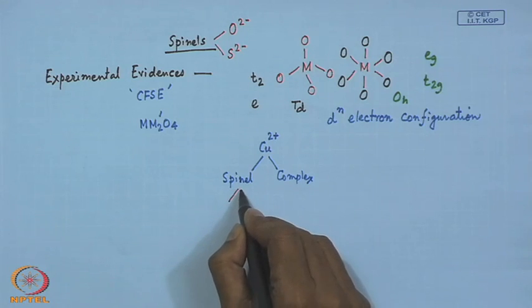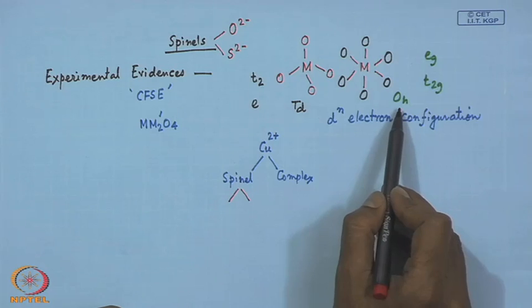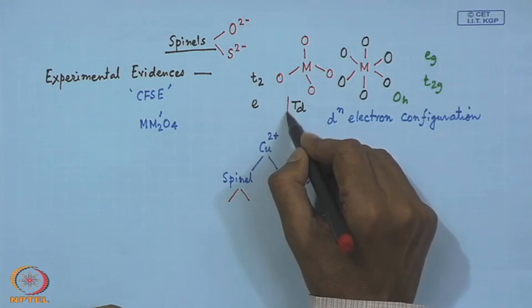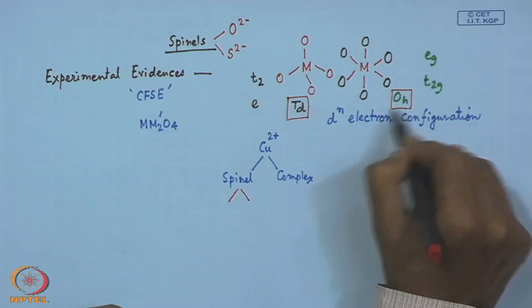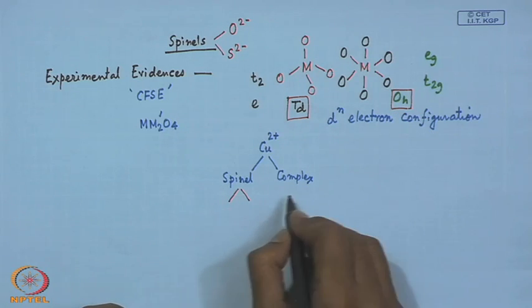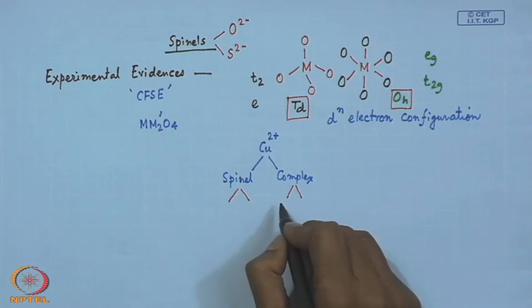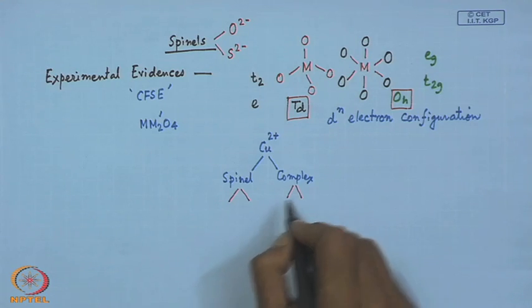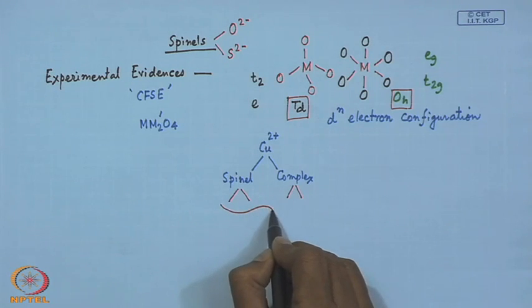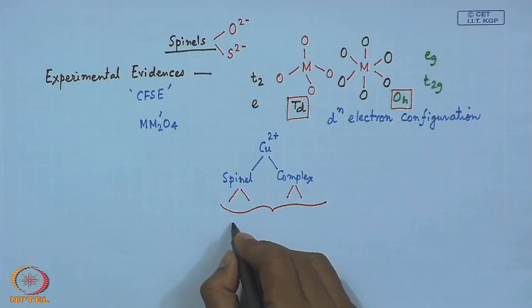When it is a spinel, we can have the configurations for these two geometries, Td and Oh geometries. So, we can have the corresponding number of unpaired electrons. Similarly, in case of complexes also, it can be a square planar complex or an octahedral complex. So, all these cases will have altogether different numbers of unpaired electrons.